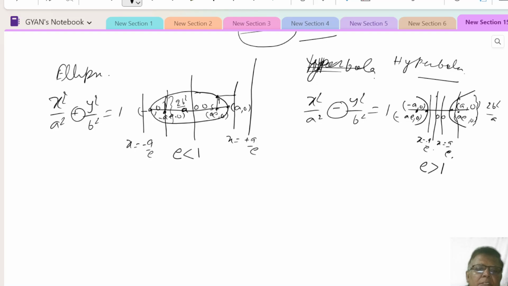Suppose this is S, this is P, this is M. Then SP divided by SM is equal to e. Here also the same thing, suppose you have taken this point, with this distance and this distance, SP and SM. So SP by SM is equal to e, but here it should be greater than 1 and here it should be less than 1. This is the main difference.